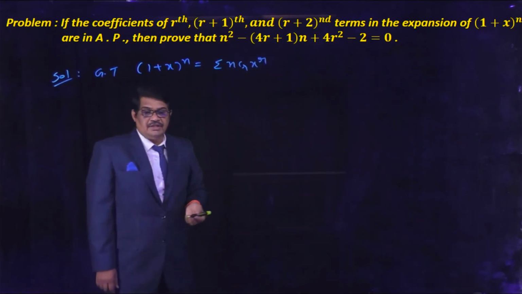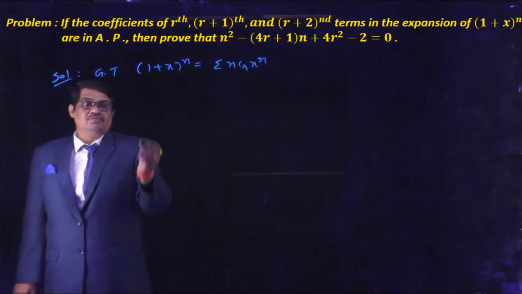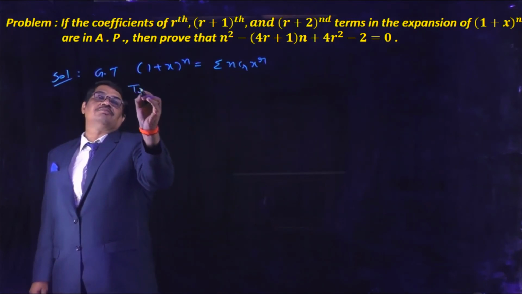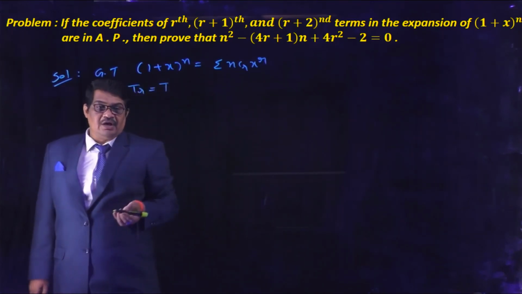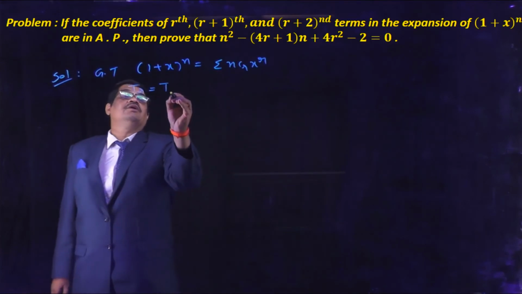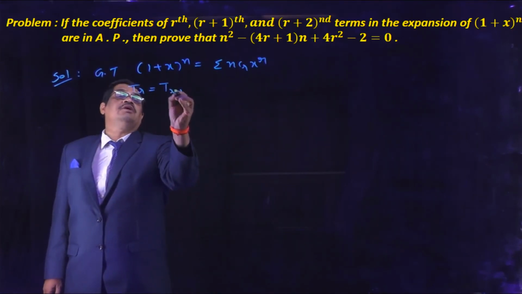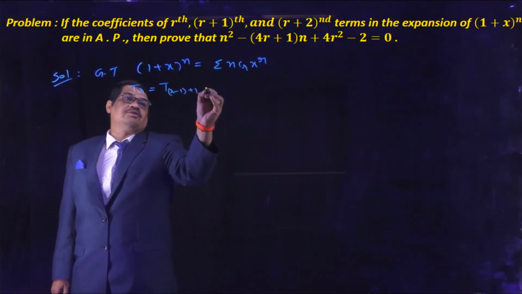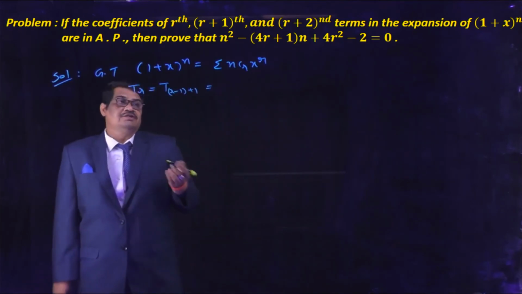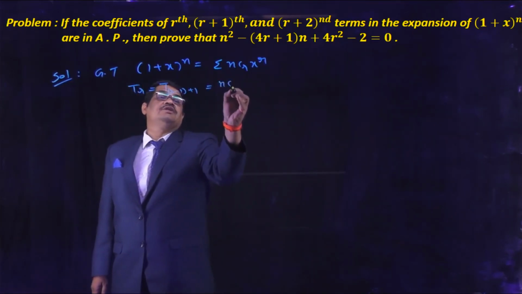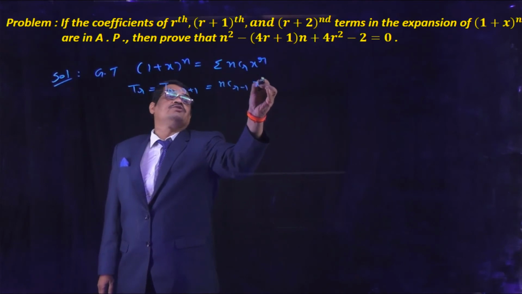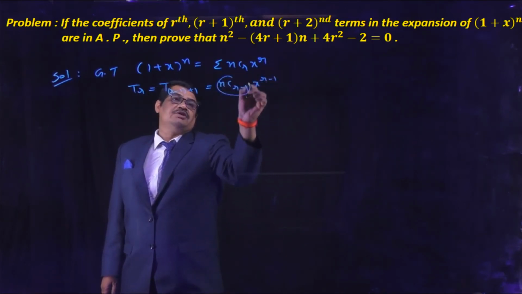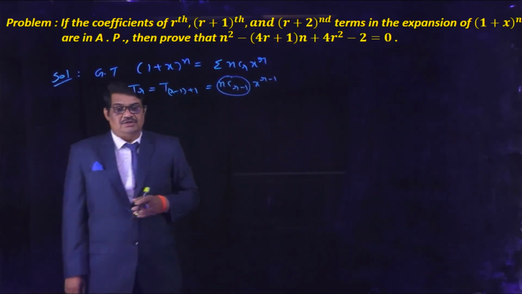Now we write the rth term, Tr. What is Tr? That is T of r minus 1 plus 1. We take r as r minus 1. We take nC r minus 1 x to the power of r minus 1. This is the coefficient of the rth term.